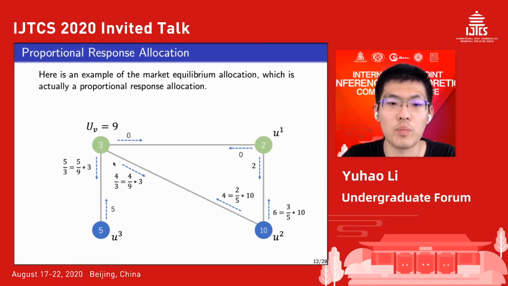So he will give back 4 over 9 of his resources to U2 and 5 over 9 of his resources to U3. He will give nothing to U1 since U1 gave nothing to V itself. So this proportional property is applied for every vertex.